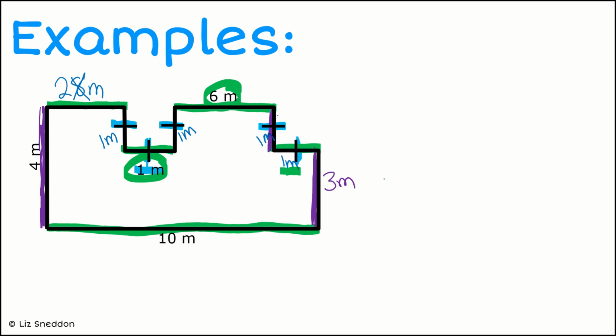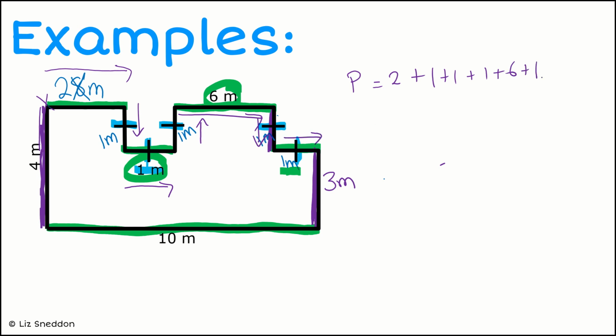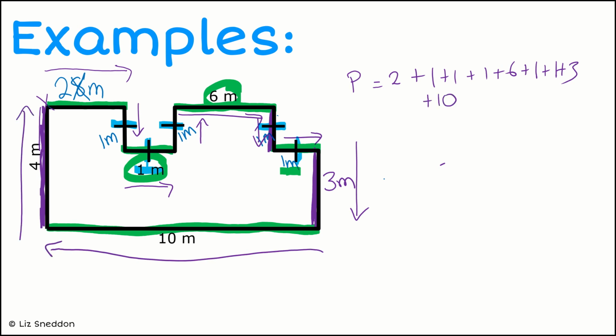Now that I've got that, I can work out my perimeter. I'm going to start in this top corner and walk around. So I go across 2 meters, down 1 meter, across 1 meter, up 1 meter, across 6 meters, down 1 meter, across 1 meter, down 3 meters, across 10 meters, and up 4 meters.